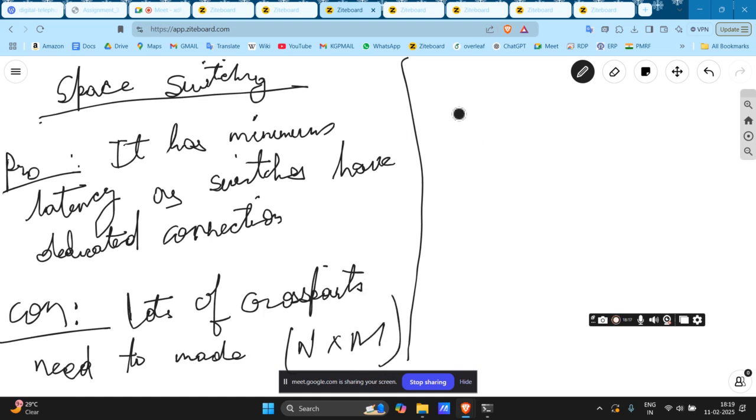Now we come to time switching. And time switching has the exact opposite pros and cons. Pro is that you don't need lots of hardware.